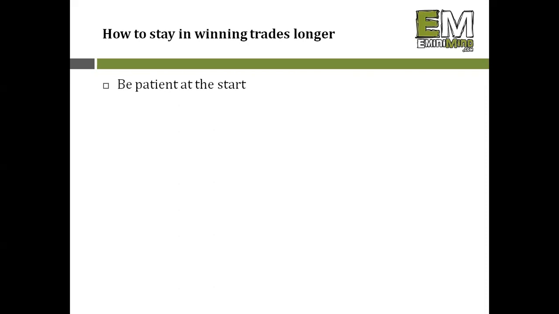Now, obviously, the best trades, the strongest ones, are the ones that come to the 50 and are then met with support or resistance and take off. But there's also plenty of times where I do take heat on the trade. And so if you're patient at the start, it can really help to give those winning trades a chance to develop.